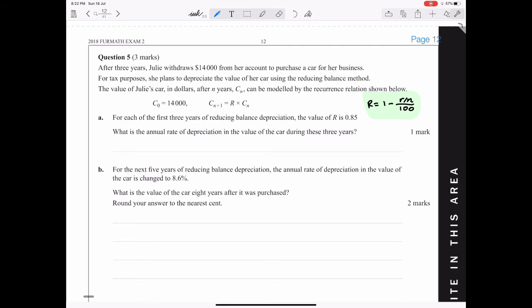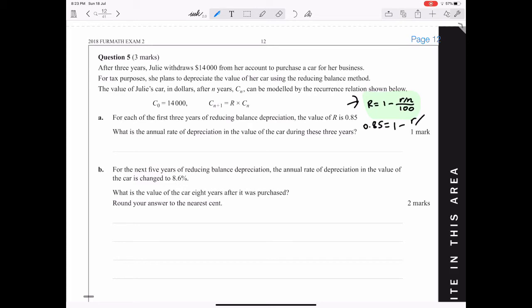So you should know that the formula for the value of R is 1 minus r, which is the rate of depreciation, divided by n, which is the compounding periods, all over 100. So if we use this formula, we can conclude that 0.85 equals 1 minus r over n, where we need to find the rate of depreciation.